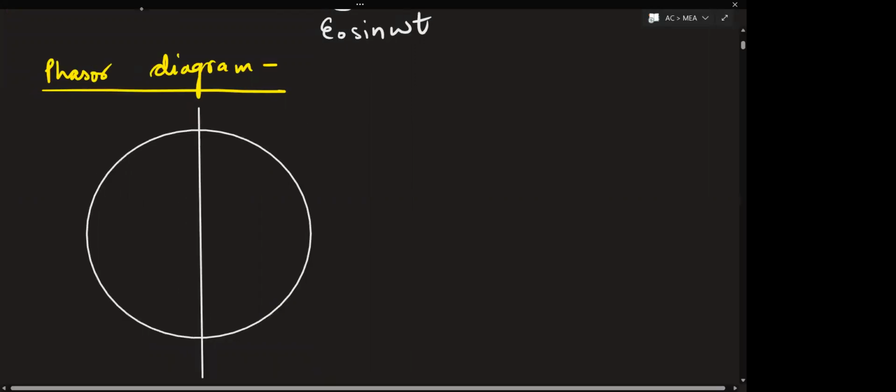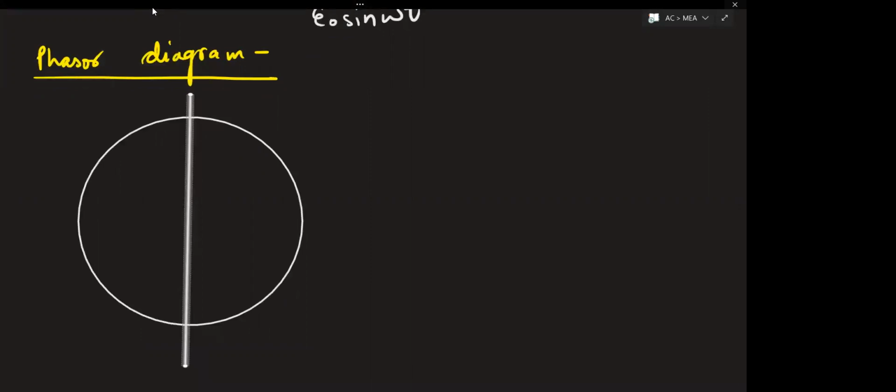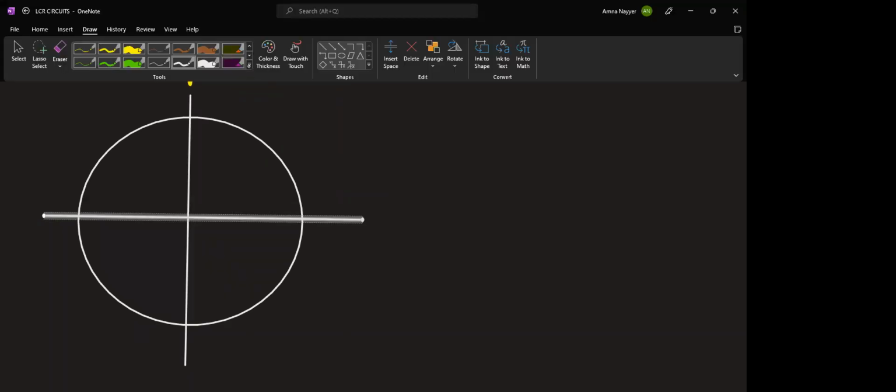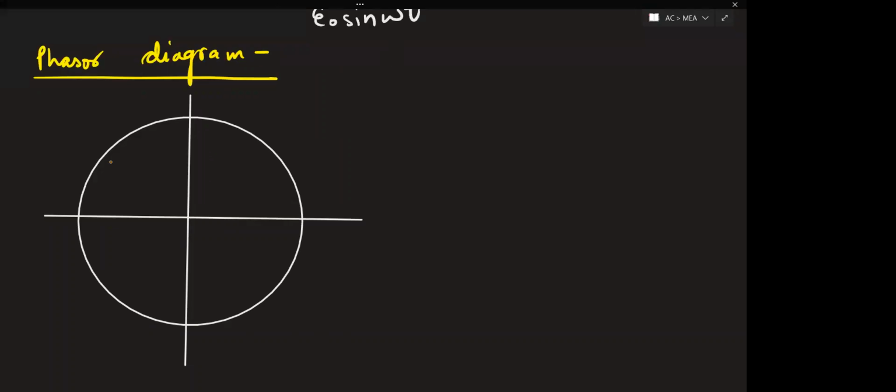Mainly you have to draw these lines. Now let's say EMF is fixed, or let's say this is the voltage across the resistor. Remember, for the resistor we have drawn the voltage in this way only.